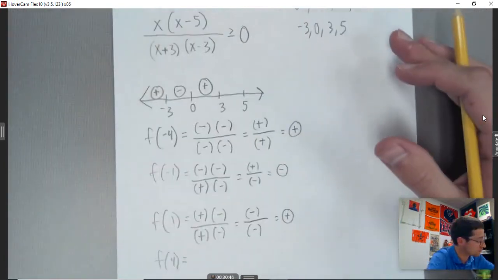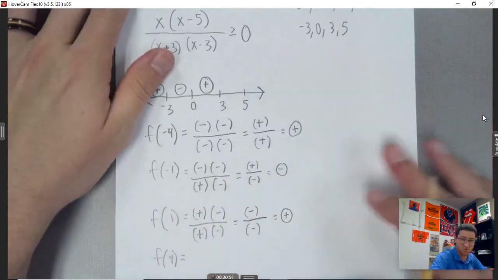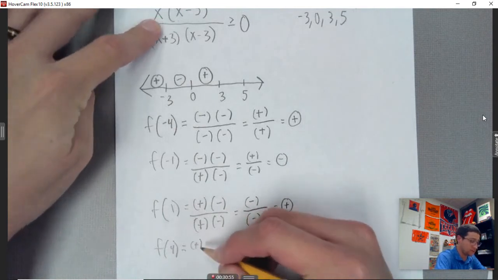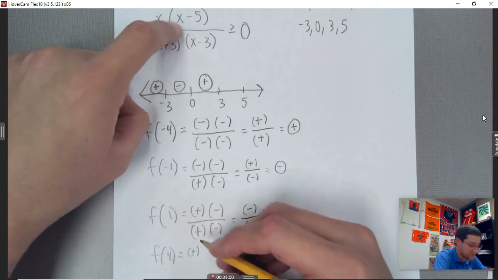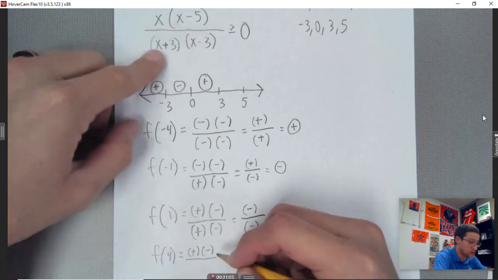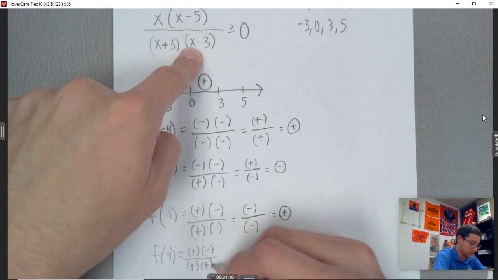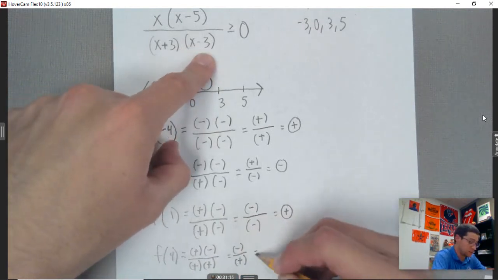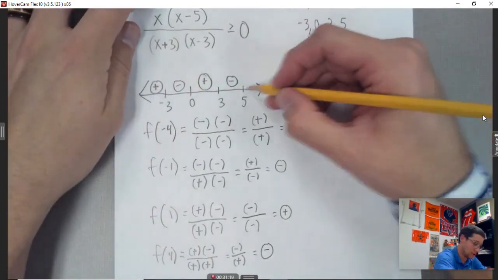We need to zoom out, and we can't, so I'm going to move over, or we're just going to squeeze it in here. 4, positive, with that x, you're just plugging in 4. 4 minus 5 is negative, because we're subtracting 5, so it's going to go into the negative side. 4 plus 3, positive. 4 minus 3, positive. So on top we've got a negative over a positive, so this is going to get me entirely a negative.